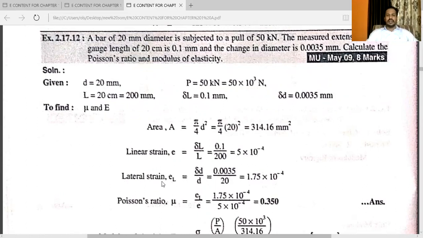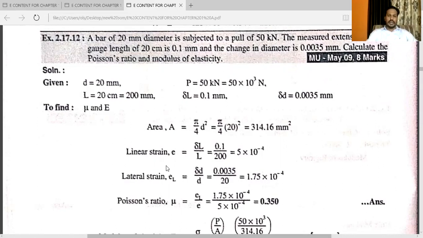So lateral strain is nothing but delta D by D. Already I explained to you what is linear strain and what is lateral strain. So here delta D by D, we have the value of delta D. Delta D value is given, that is 0.0035 upon D, that is 20. So the answer will be 1.75 into 10 raised to minus 4.